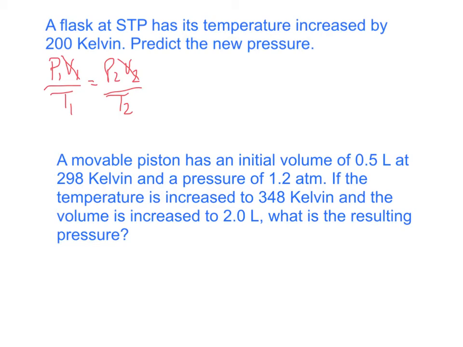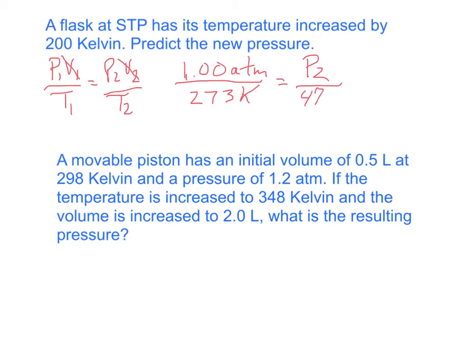Now we start substituting in. We know 1.00 atmospheres divided by 273 Kelvin, that's standard temperature, equals X, or P2, divided by 473, because the temperature went up, so we just add 200 onto the previous temperature.